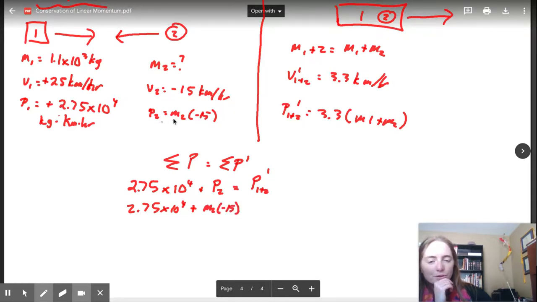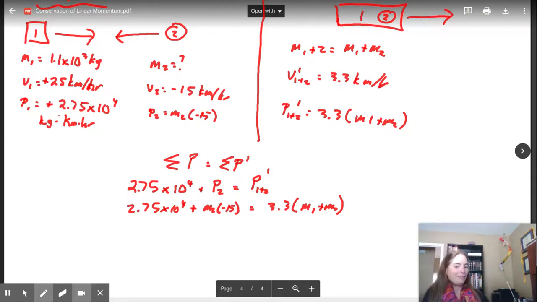That's going to equal 3.3 times M1 plus M2. Well, guys, we got an interesting scenario ahead of us. We've got an M2 here and an M2 here, and we're trying to solve for M2.